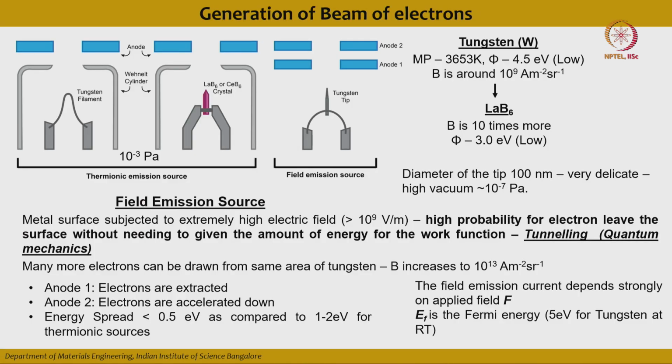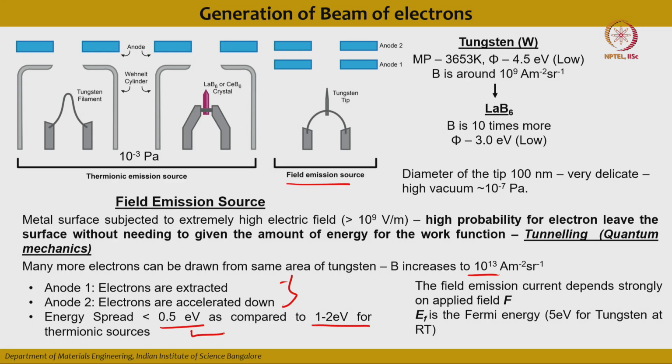Here the advantage of a field emission source is a very high brightness, which is around 10 raised to the power 13. It needs a couple of anodes to extract the electrons from the surface, and also the energy spread is less than 0.5 electron volt, which is very low compared to the 1 to 2 electron volt for thermionic sources.